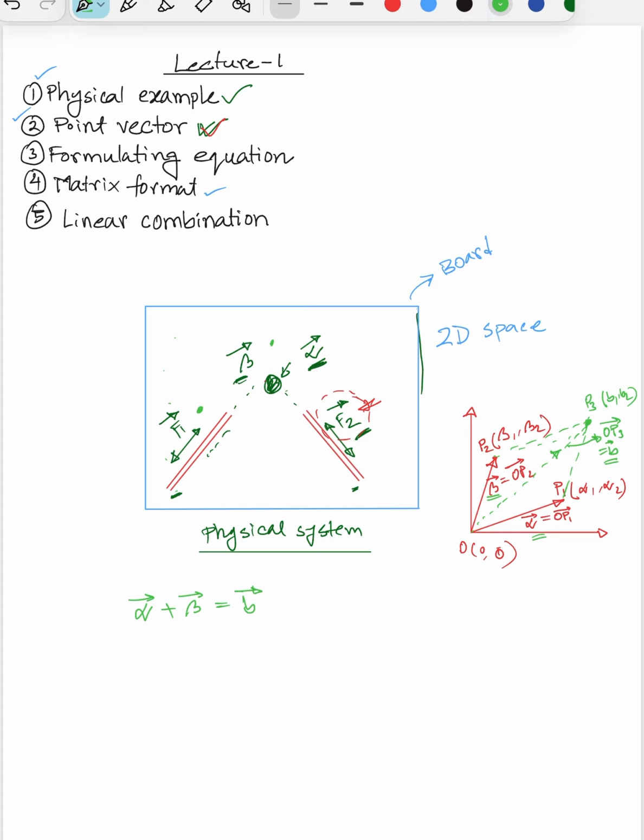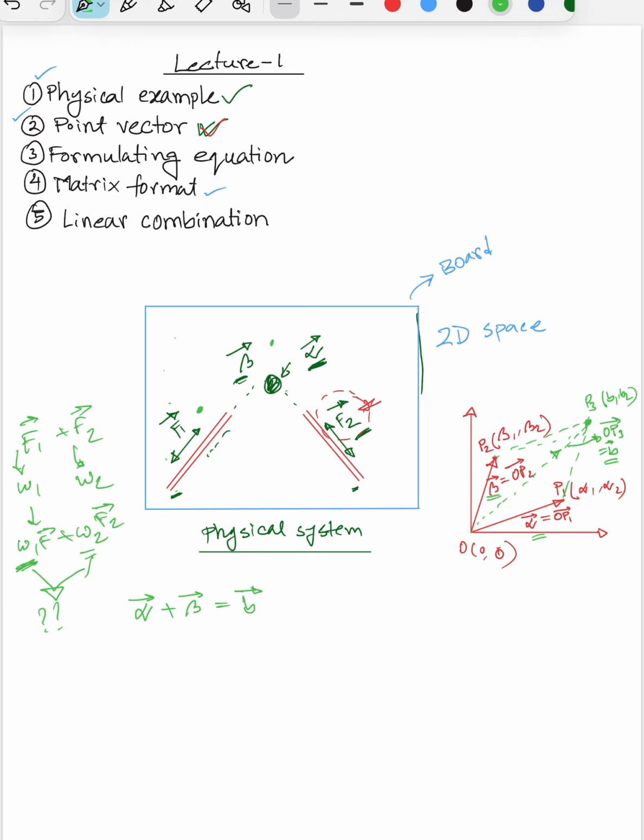So if this is F1 and F2, we need to add a weighting factor W1 and W2 to make this W1 F1 plus W2 F2 to achieve this point. And the values of W1 and W2 are something that we need to determine.